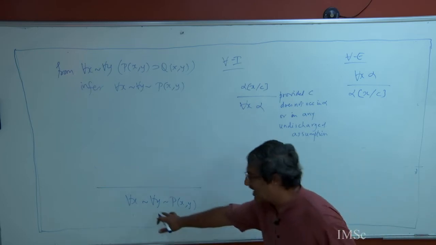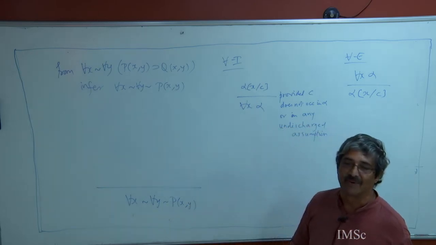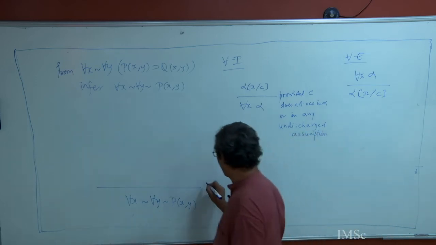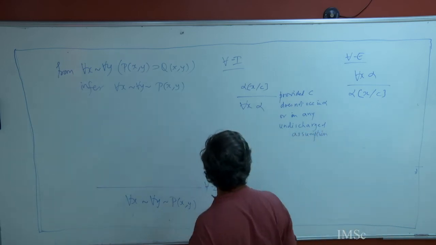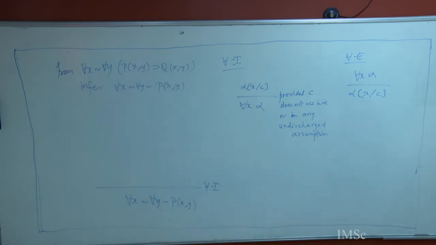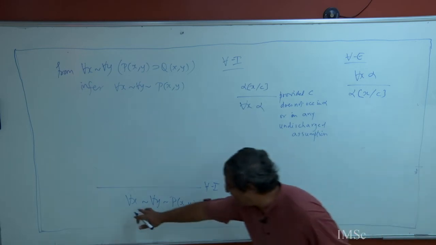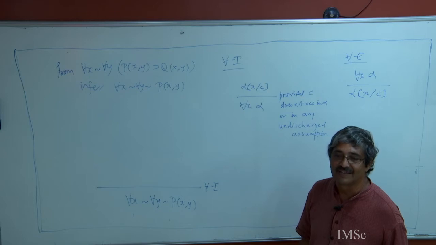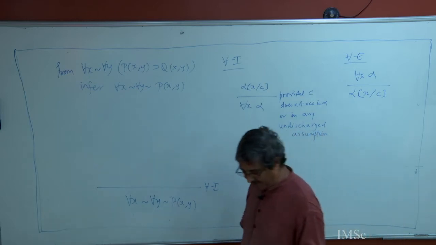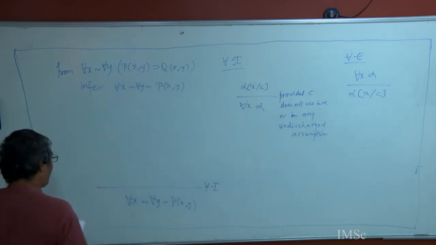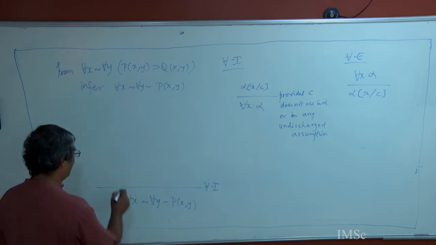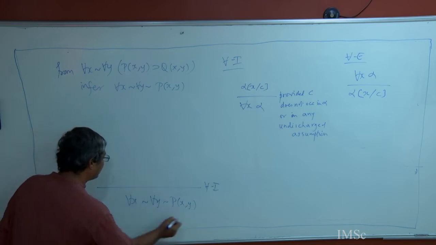And you've got a for all x here. So the only way you could get to this is by a for all introduction rule. Because I want to derive this, and the primary connective that we are looking at is a universal quantifier, and that's below the line, so I have to use a for all introduction rule. So I must come from some instance of this.